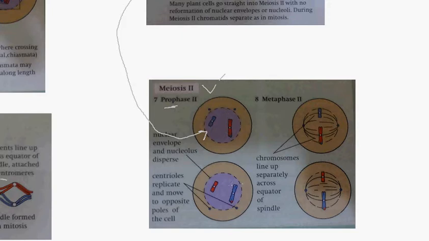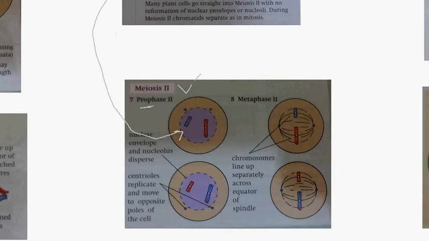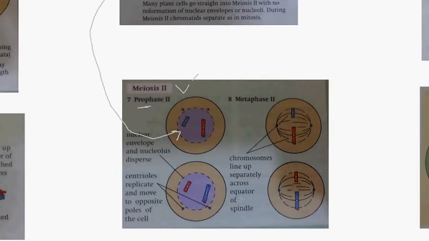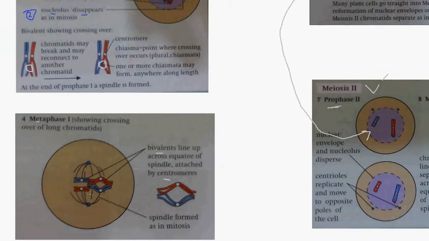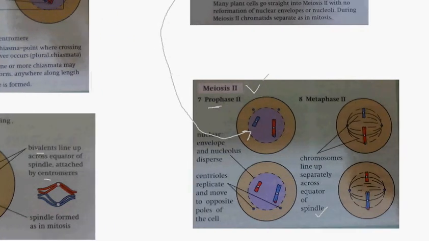And then we have this chromosome line up separately across the equator of the spindle. Now we can see what's the difference here in the metaphase of meiosis 2 and metaphase of meiosis 1. You can see the metaphase of meiosis 1, they are bivalent, pairing up, right? But here, since we don't have a bivalent, we have just single chromosomes.